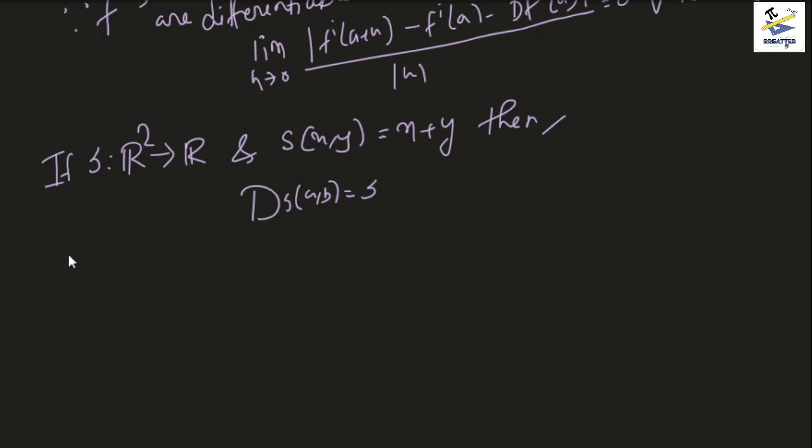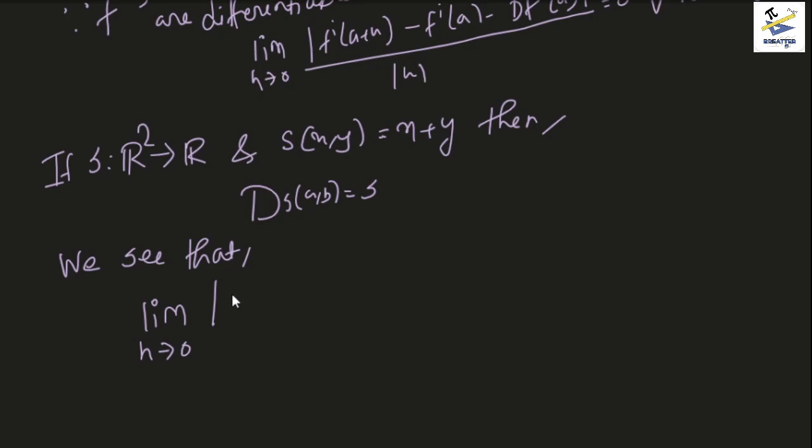Well, we can directly find out the limit here. Limit h tends to 0, and let us see the norm, because it will normally be a modulus, since the output is always a real number, we can have a real number here.